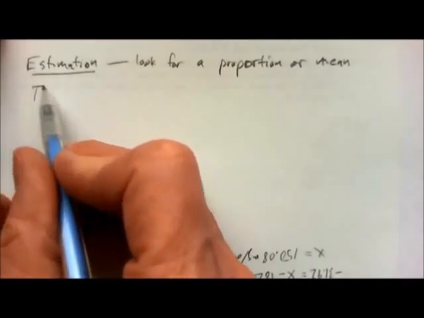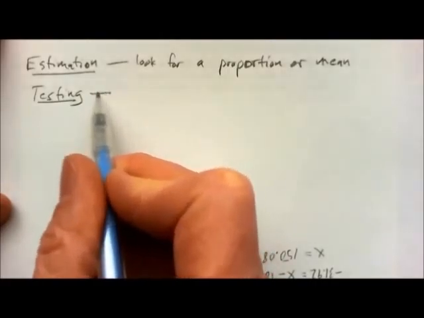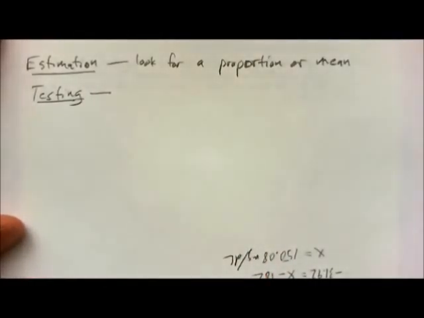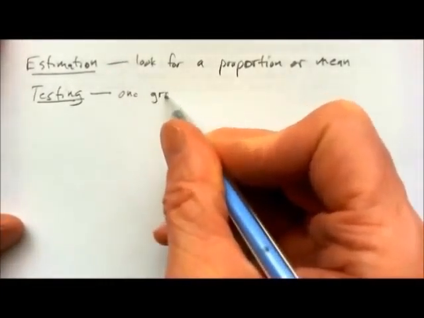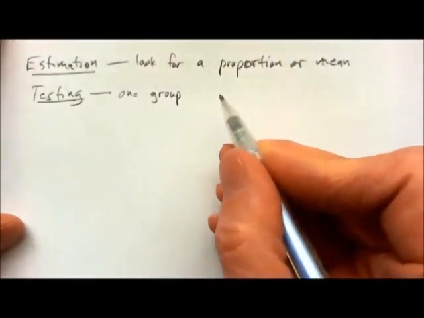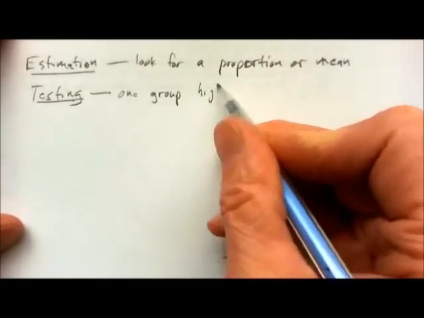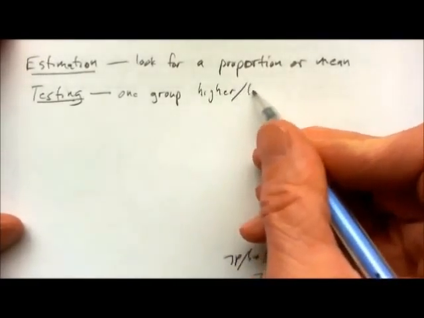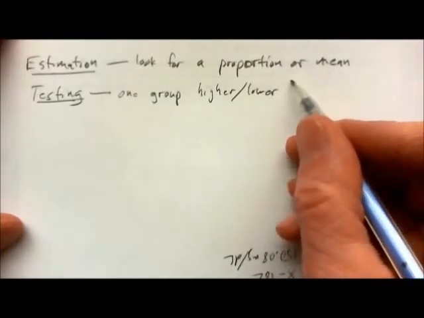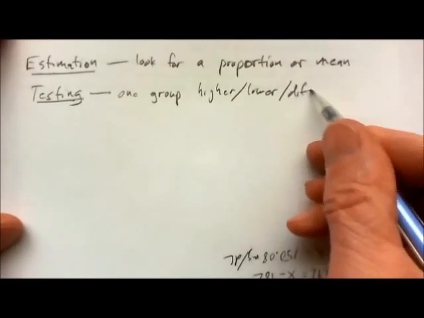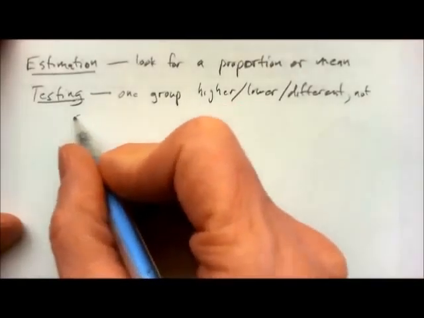Now, the way to tell testing is, again, we want to look for multiple groups or multiple variables, and what they might tell us is that one group or one medication or something like that results in something that's higher or maybe lower, perhaps better, worse, different or not different, and so on.